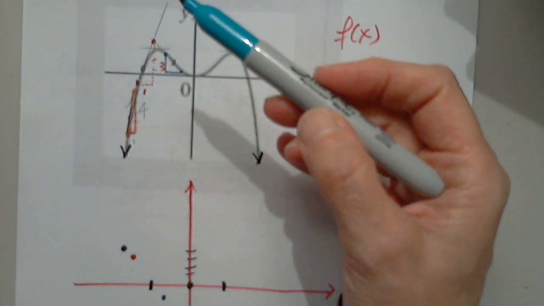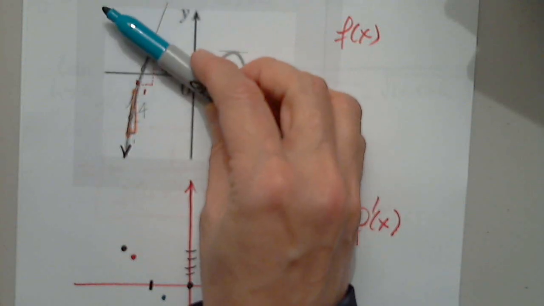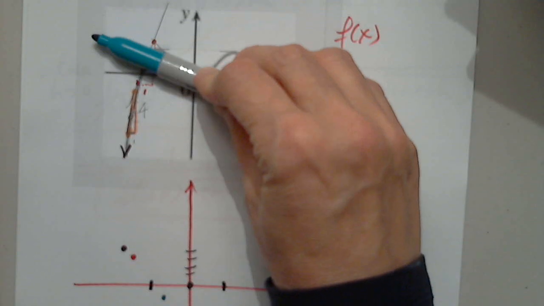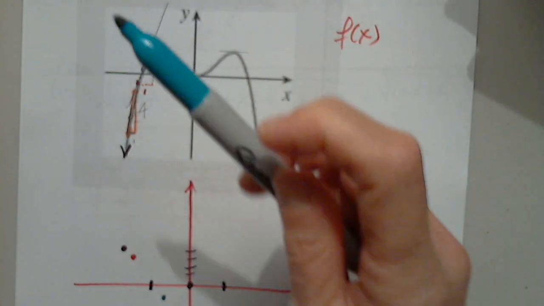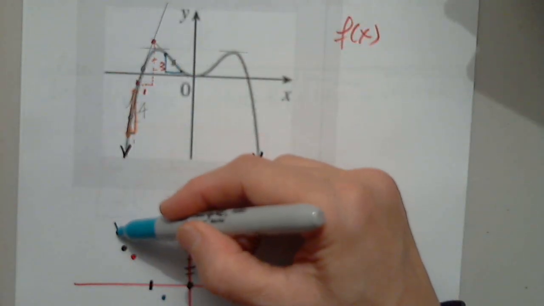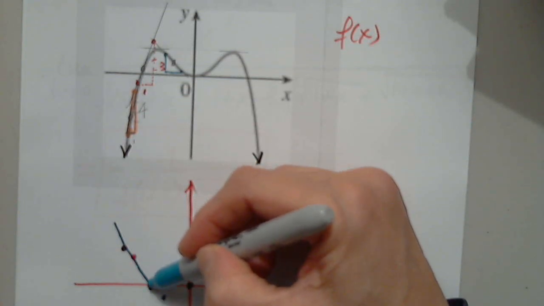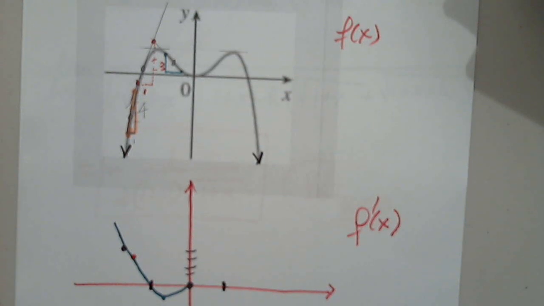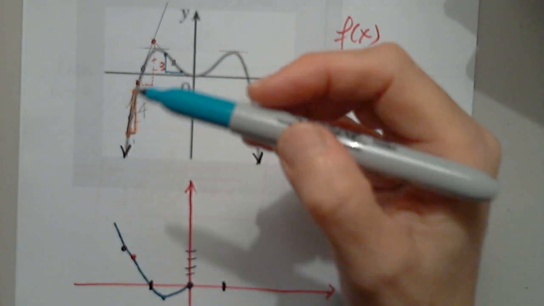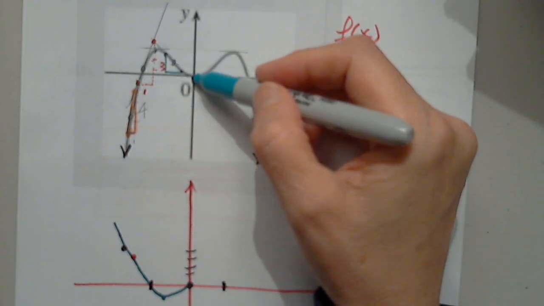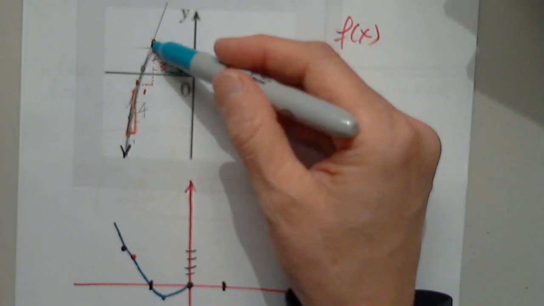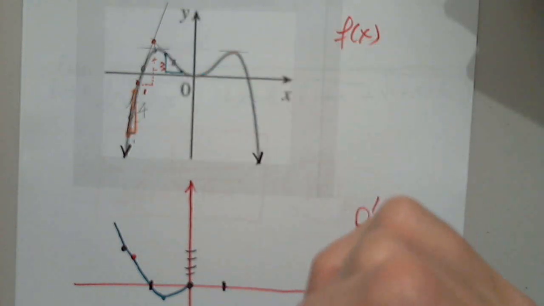And then it will become still negative, right? But closer and closer to 0. So here's my graph. Between the maximum and the minimum, the rate of change is negative because the slope of the tangent line is negative.